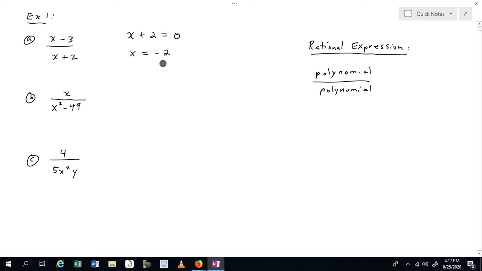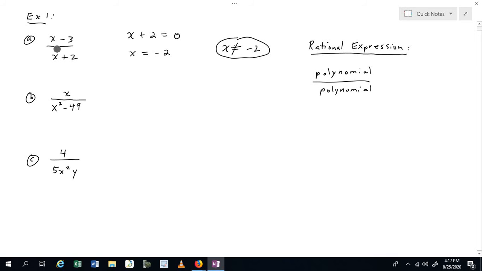which is what I mentioned up front, right? If you plug a negative 2 into this rational expression, you get negative 5 over 0, which is not a number, right? It's undefined. Okay, so this is the restriction. X cannot be, is not equal to, right? It cannot be negative 2. That's how this is restricted. So for this rational expression, you can plug any number you want in for x, and you'll get a number out.